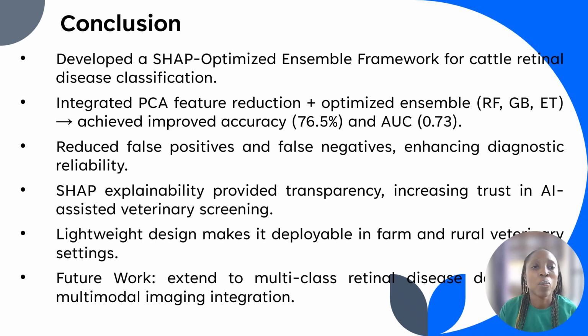With our proposed model, we were able to reduce false positives and false negatives, which enhances diagnostic reliability, and we introduced SHAP explainability to provide transparency and increase trust in AI-assisted veterinary screening. We also introduced a lightweight model, which makes it deployable in farm and rural veterinary settings.